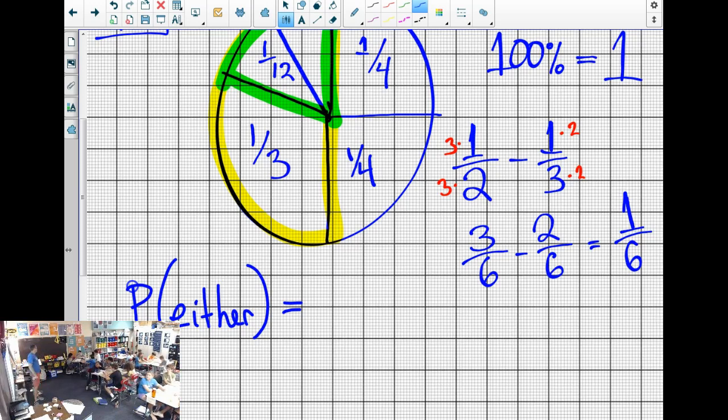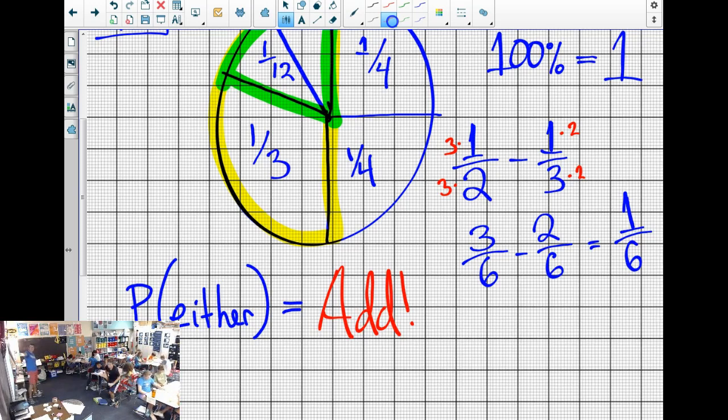What are we going to do with these fractions to get the either chance? If we don't care which happens, we add them. Because either is better.